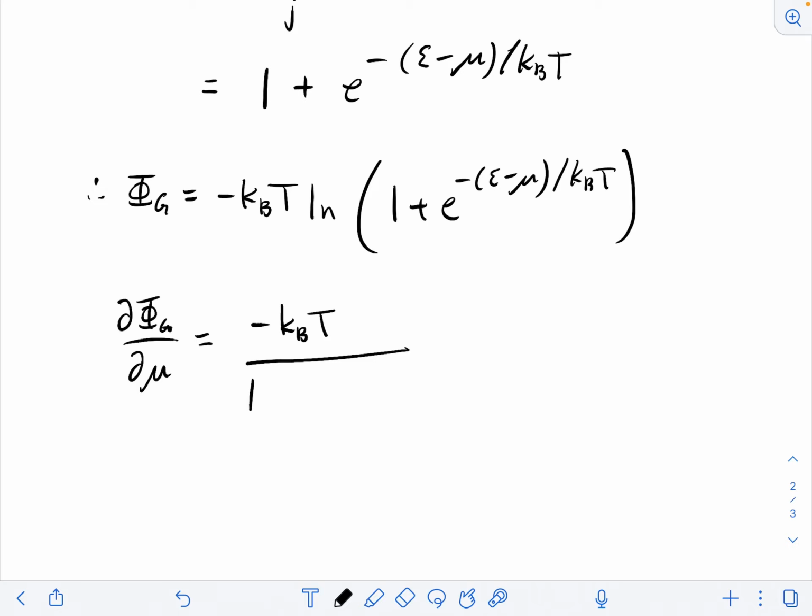When we take the derivative, the ln becomes 1 over 1 plus e to the minus (epsilon minus mu) over kBT. And then we have to multiply by the derivative of what's inside the ln with respect to chemical potential. There's a negative mu, so that becomes positive. So we should pick up a 1 over kBT, and then we get the exponential back again.